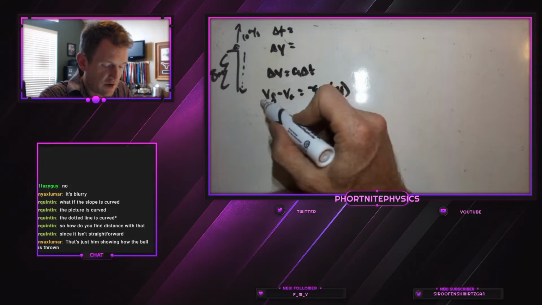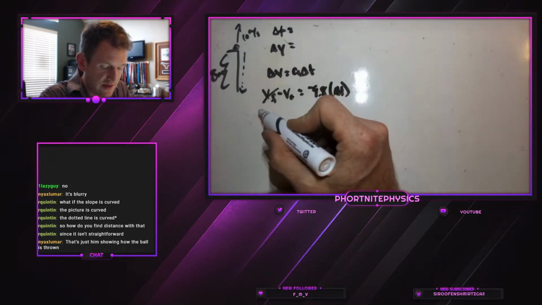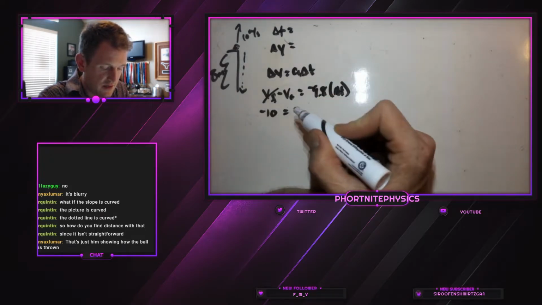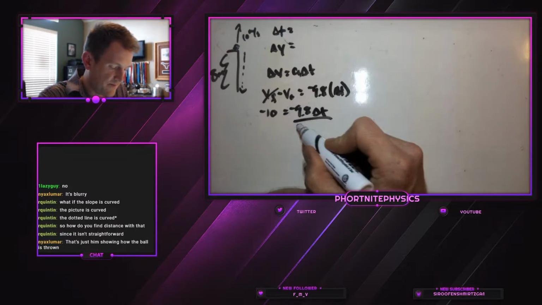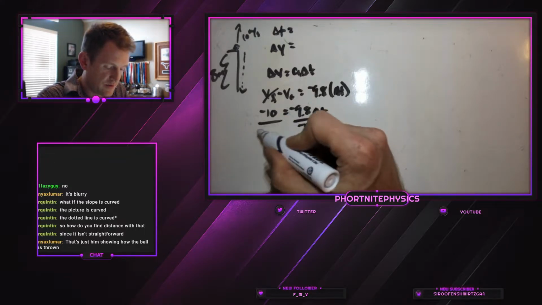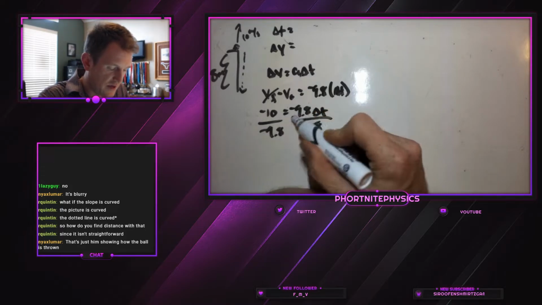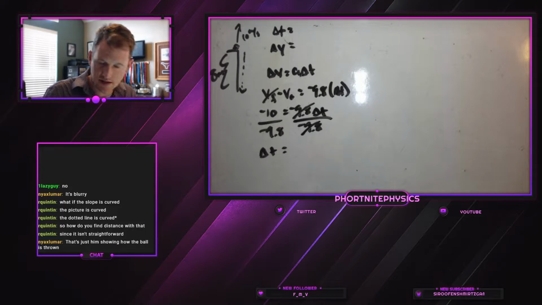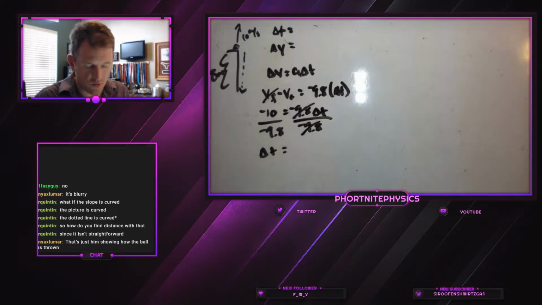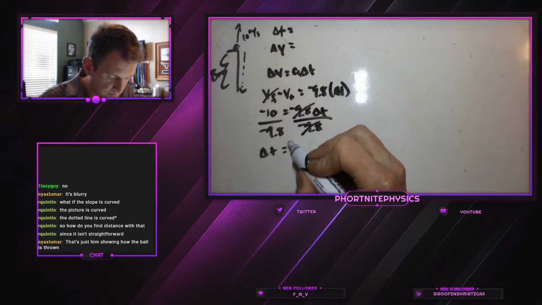Our final velocity is 0 again, so we have negative 10 equals negative 9.8 multiplied by delta time. If we divide both sides by negative 9.8, we end up with a delta T of 1.02 seconds.